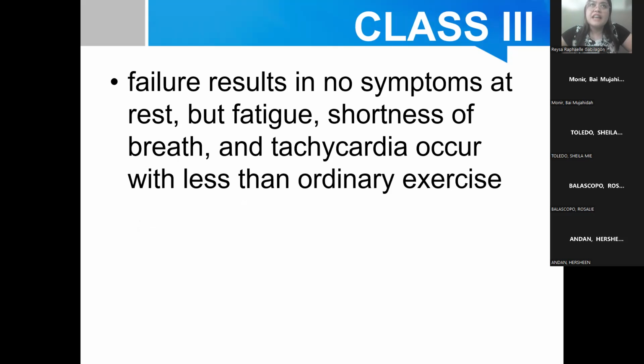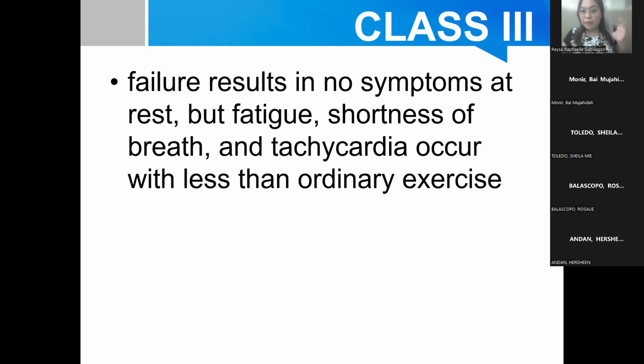wala siyang signs and symptoms kapag nagre-rest, nakahiga, nakaupo, walang signs and symptoms. Pero makaka-experience siya ng signs and symptoms like fatigue or SOB or magtatakicardia siya even with the less than ordinary exercise. So may ordinary activities tayo na ordinary exercise.